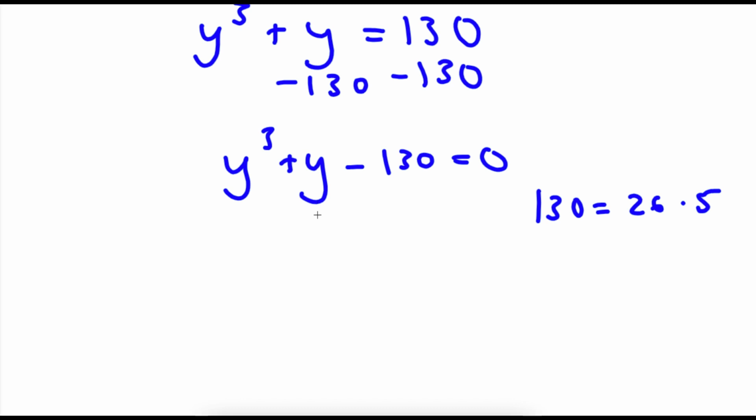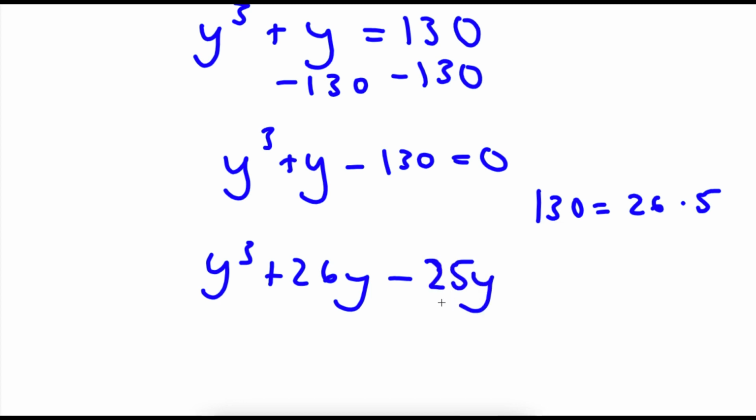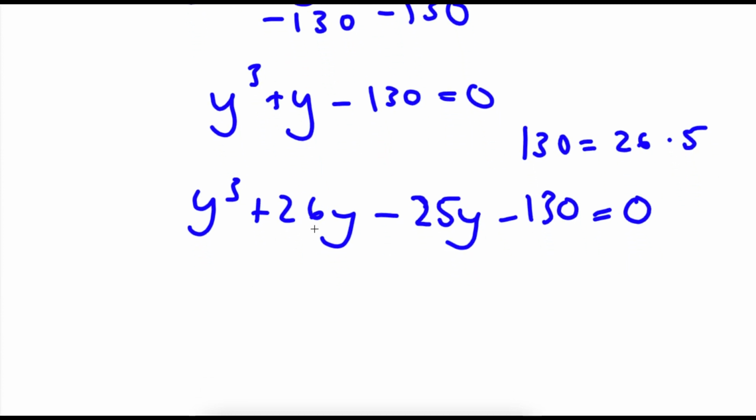So now I can rewrite this as y to the power of 3 plus 26y minus 25y minus 130 is equal to 0. So now if I factor out y from y to the power of 3 plus 26y, I get y times y squared plus 26.